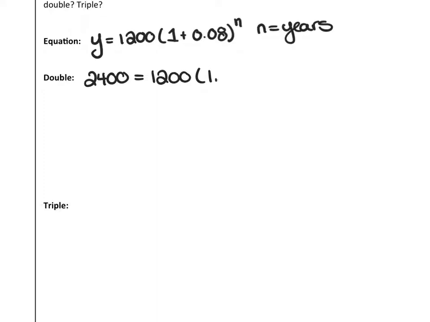I'm going to also put this together: 1.08 to the n. We want to know how long it takes to double, so we're actually solving for n. This is where logs are really helpful. First thing I'm going to do is clean it up by dividing both sides by this 1,200. They'll cancel on this side, and on this side we'll get 2.